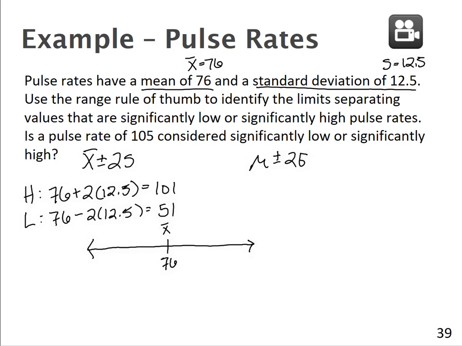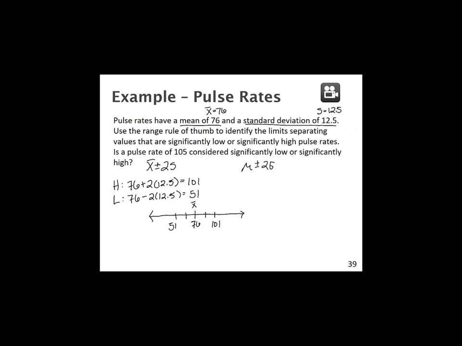Then 2 standard deviations to the right of that mean, I'm going to put my high boundary of 101. Now I'm going to go 2 standard deviations to the left and put the lower boundary I found of 51. So 51 is 2 ticks to the left of the mean, and 101 is 2 standard deviations to the right of the mean.